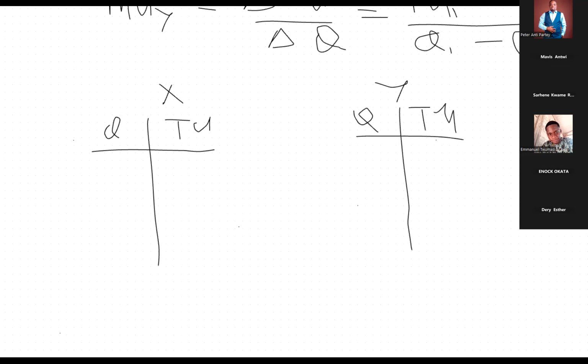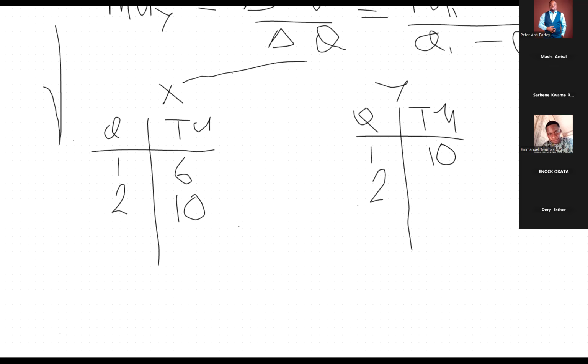We have 1, 2, and the total utility is, let's say, 6, 10. And here too, we have 1, 2, and total utility is, let's say, 10, 18.